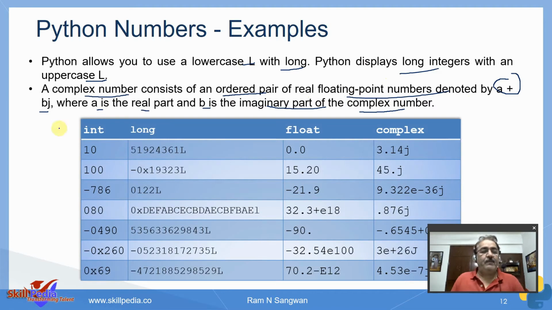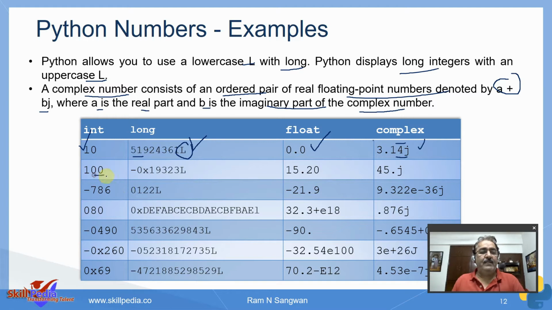Now these are examples. This is an integer, and this is a long value, so you are using L as a suffix. Float 0.0 and complex 3.14j. This is a complex value.